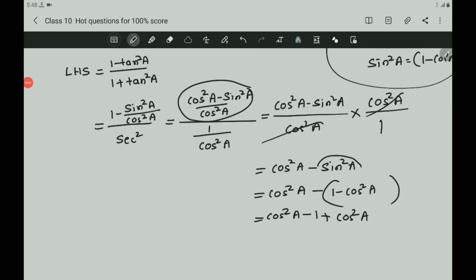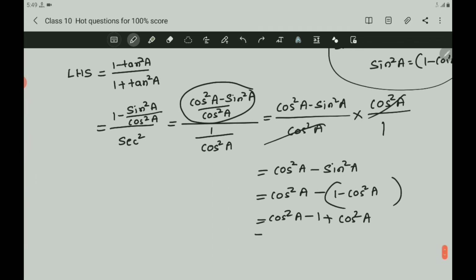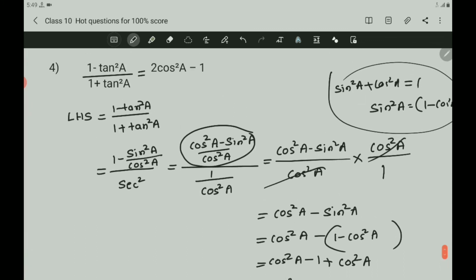Cos²A plus cos²A gives 2 cos²A minus 1, which is what you have to prove.